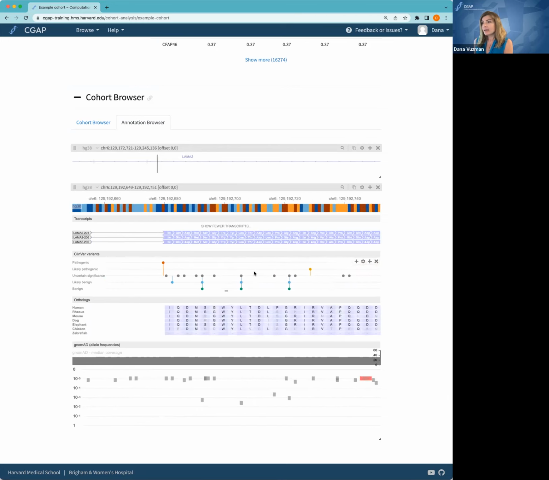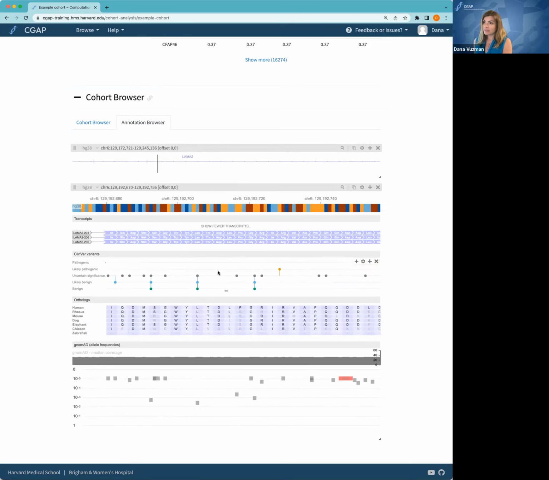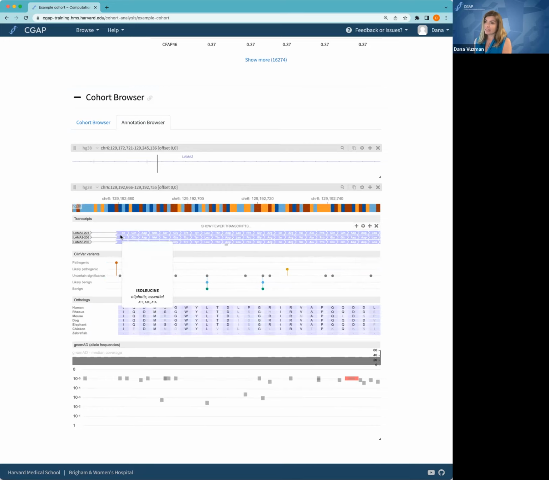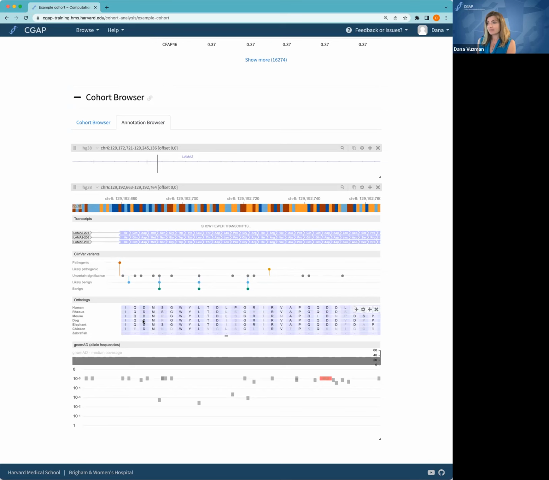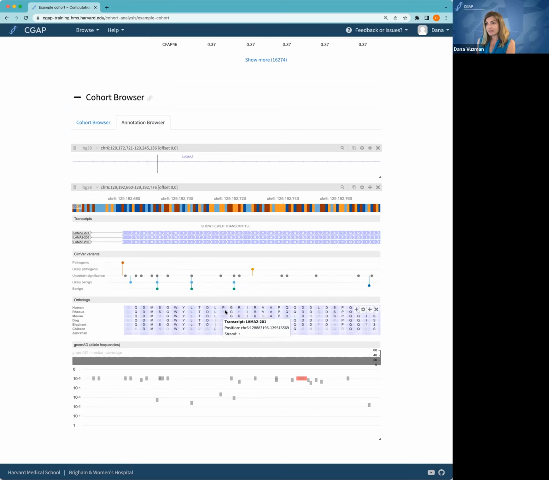And here, after zooming in enough, you can actually look at every amino acid, corresponding variants in ClinVar, and the actual conservation status among those orthologs at the nucleotide level. And we can see, for instance, that there are variants that are quite conserved, and there are variants that are less conserved, like this one. And we can also see the track for gnomAD that shows us the allele frequencies of those variants within gnomAD.